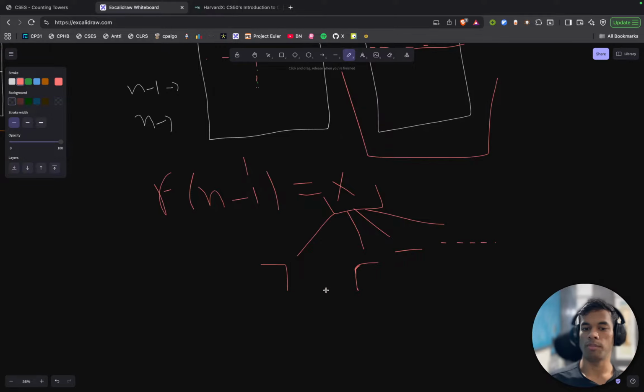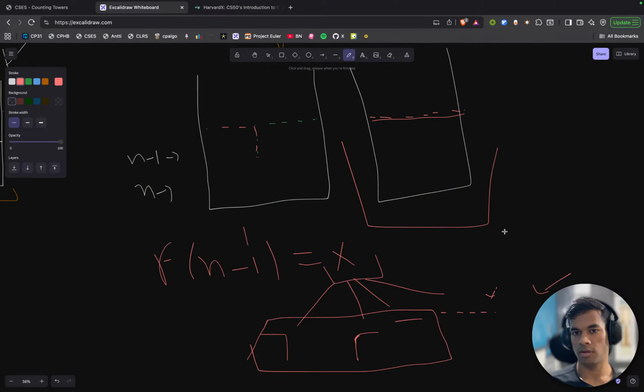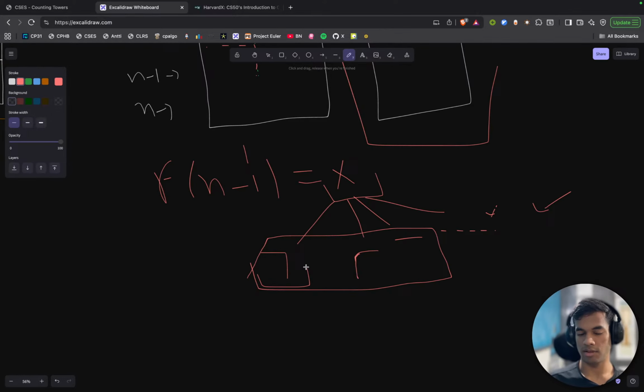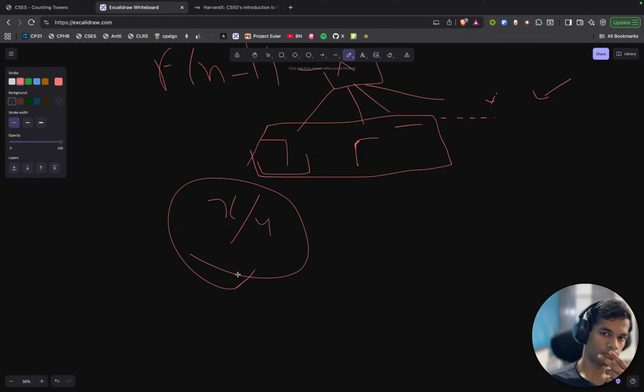But it might not be the case. Maybe these three have the same number of possibilities, and maybe this one doesn't. Yes, they do not have an equal share. So I cannot say that the possibilities with this choice are exactly x by 4. Yep, that does make sense.